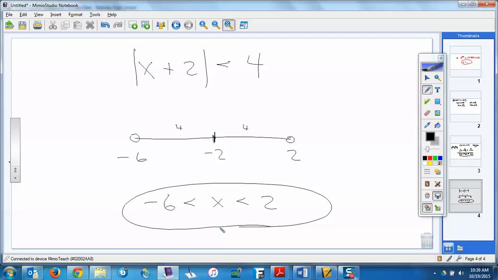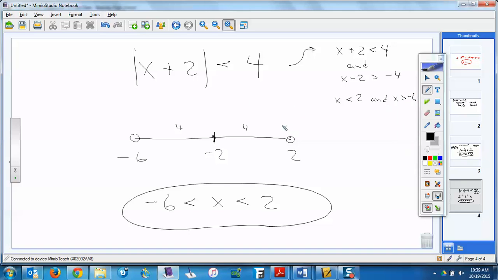Now what you did in algebra class, you may remember this, is you took the bars off. You did x plus 2 less than 4, and x plus 2 greater than -4. And then you would solve each of those. You subtract 2, you get x is less than 2, and subtract 2 here, x is greater than -6.